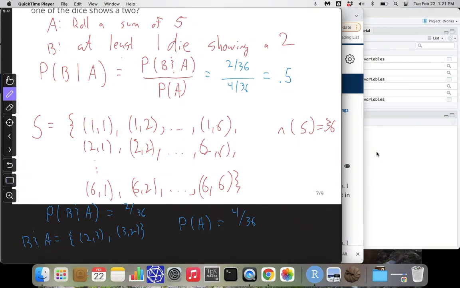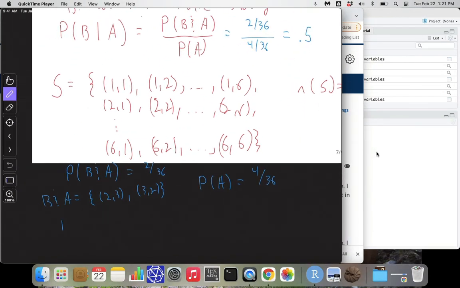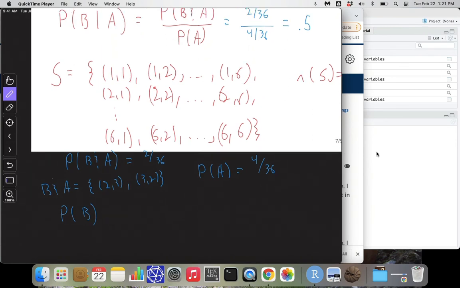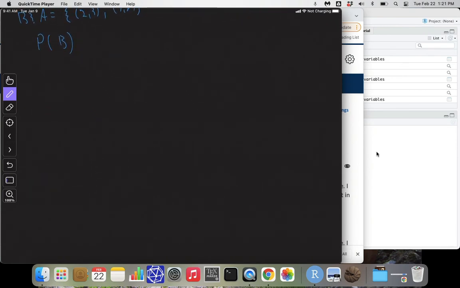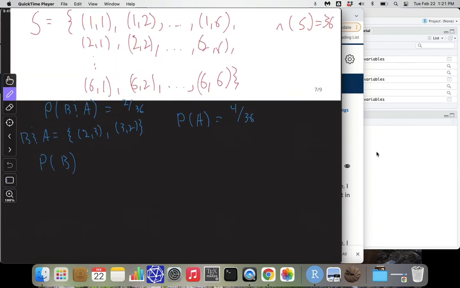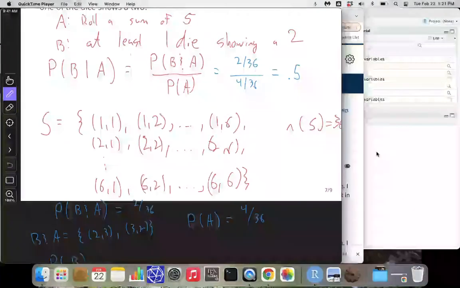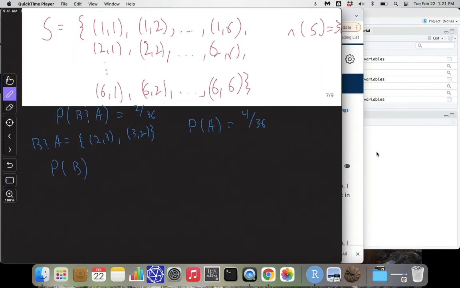For comparison's sake here, what is the probability of at least one 2? So we just want to look at the probability of B here in comparison. So what is the probability of at least one die showing a 2? Well, your first die can show a 2. There are 6 ways for that to happen. Your second die can show a 2. There are 6 ways for that to happen. We overcounted the situation where they both show a 2.